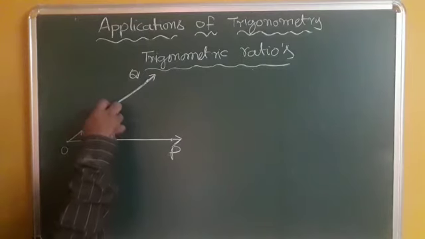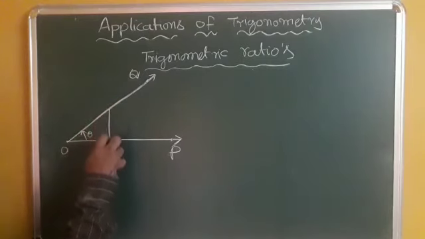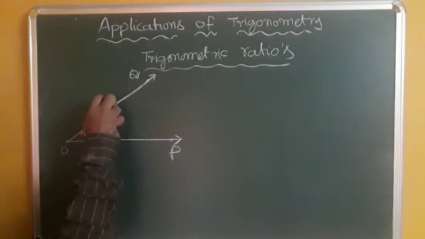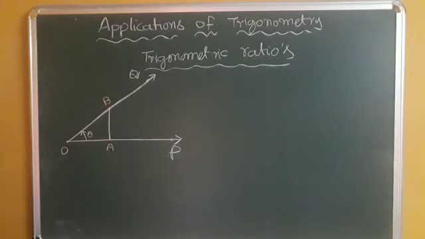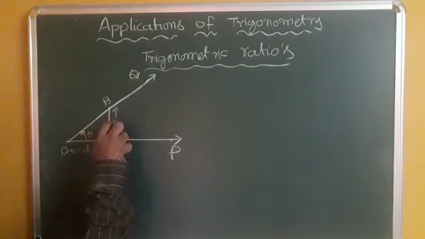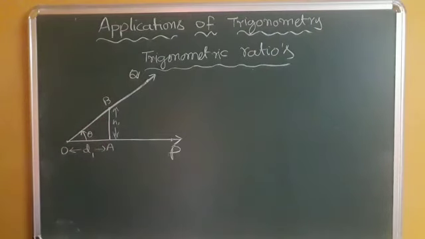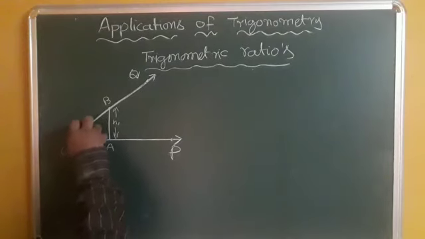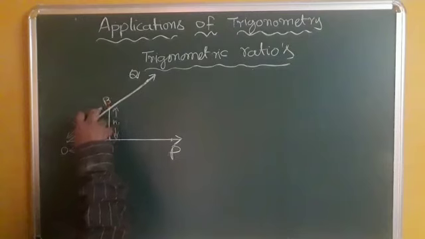Here I will take two points A and B and join them. OA is the horizontal distance, which I will assume as D1. The vertical distance is known as height, H1, and the stretched length, the hypotenuse, I will assume as L1.